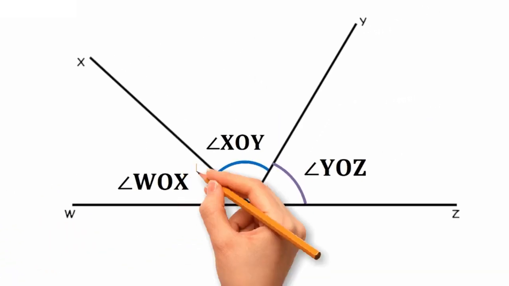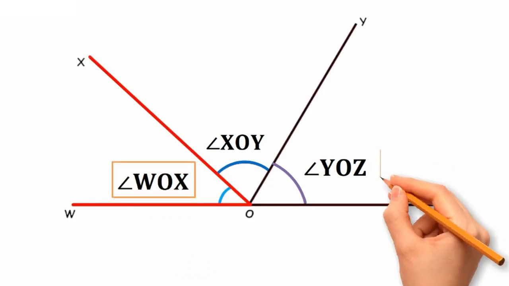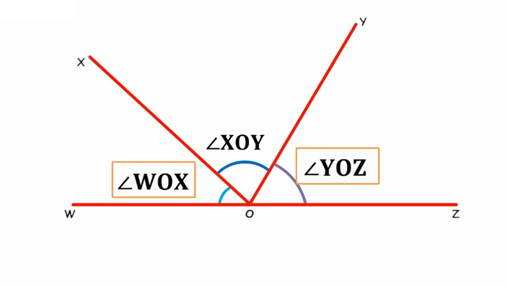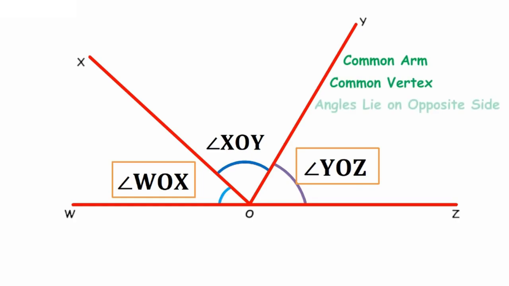Remember, angle WOX and angle YOZ are not adjacent angles. Adjacent angles should have common arm, common vertex, and angles should lie on opposite sides of the common arm. All three conditions should be applied. Angle WOX and angle YOZ don't have common arm.